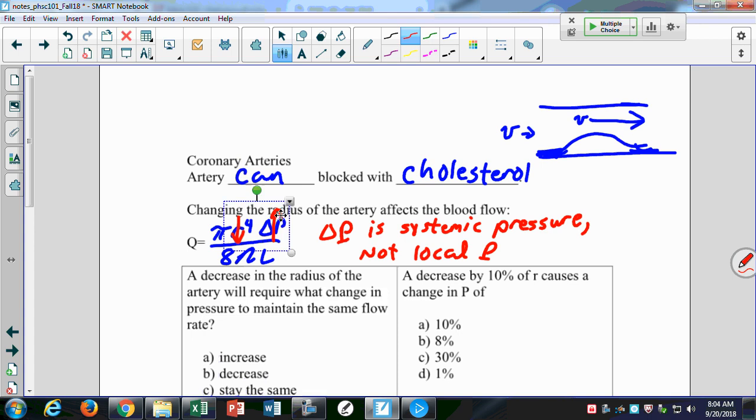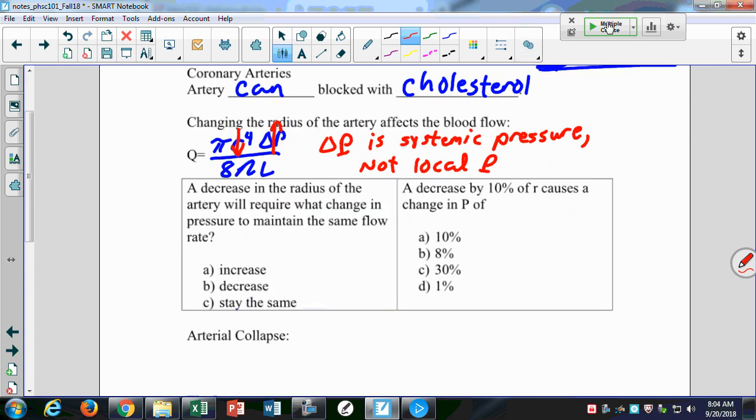All right, let's try these questions. A decrease in the radius of the artery will require what change in pressure to maintain the same flow rate? An increase or a decrease or stay the same?